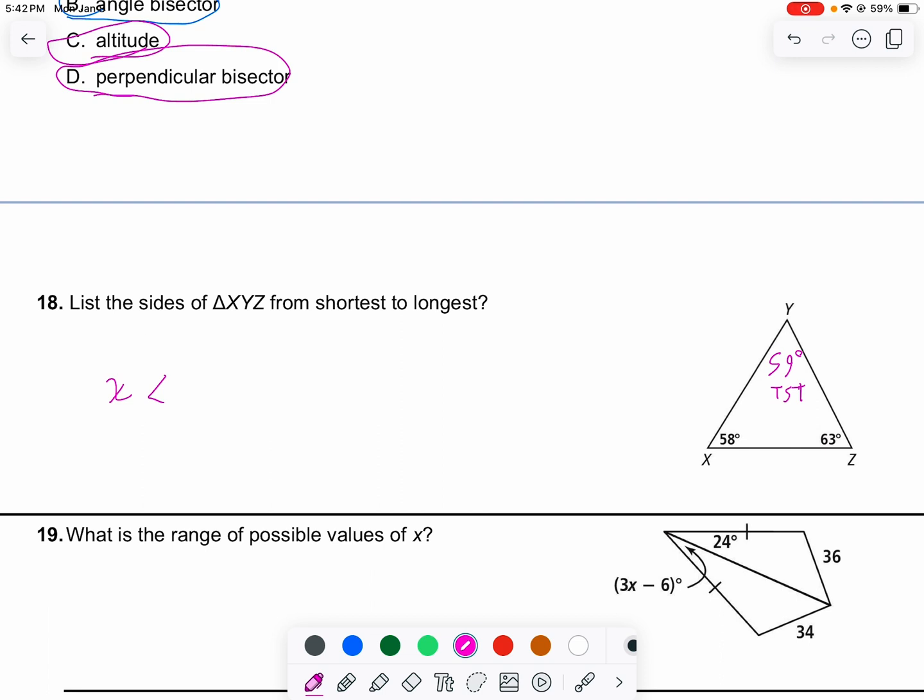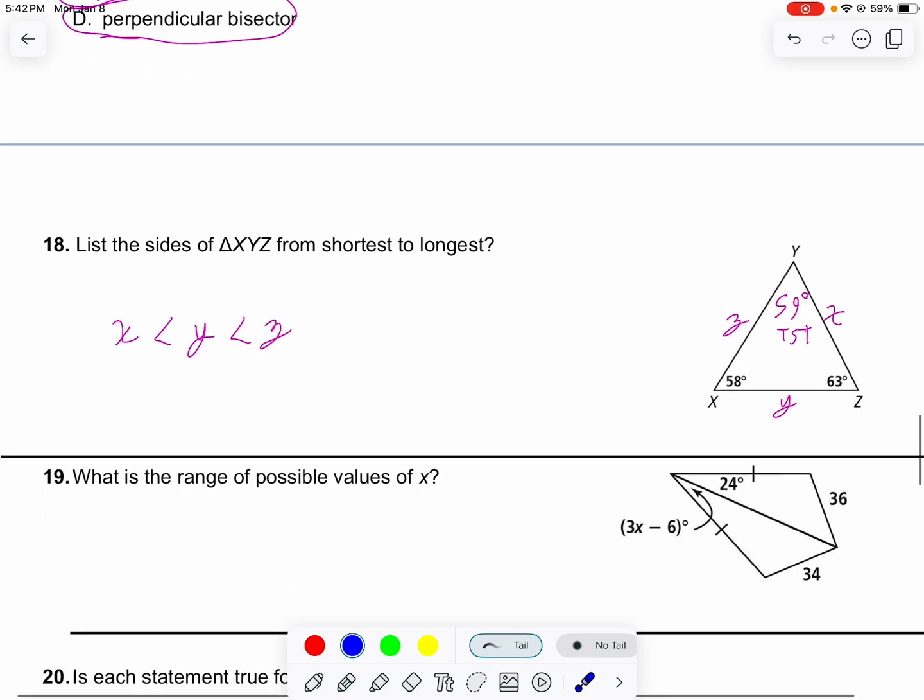Oh, and this is side X right there. Next, side Y is the next longest because it's 59. And then finally, side Z is the longest because it's paired with the 63 degrees. This goes back to our angle and side relationships in triangles.